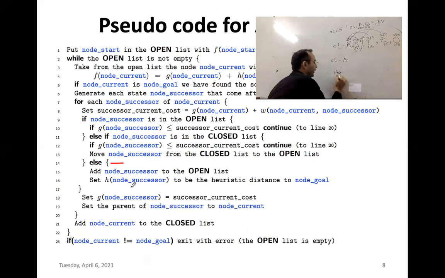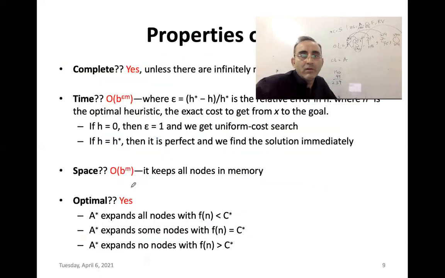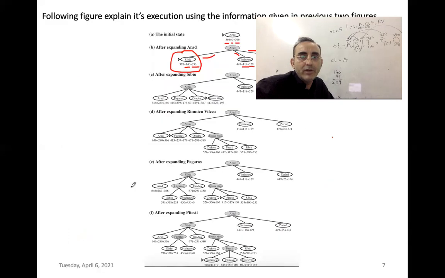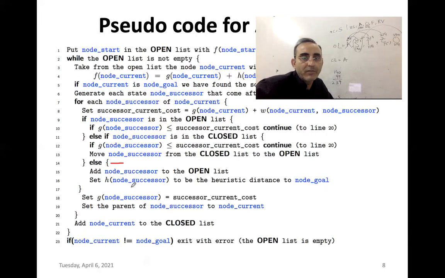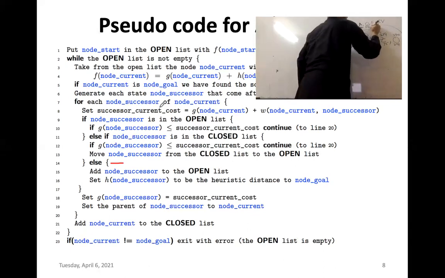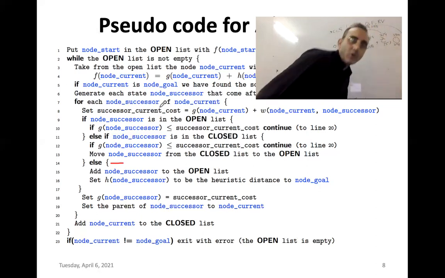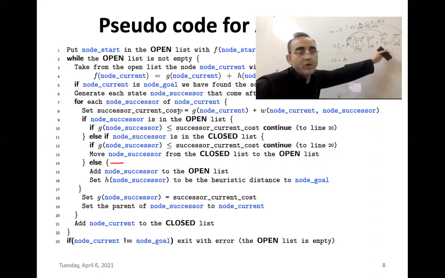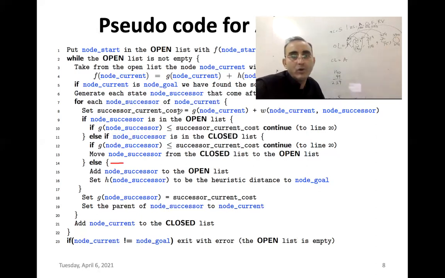So 140 plus 99 is 239. Then 239 is basically the actual cost you have set for Fagaras. After that you are checking: is Fagaras in the open list? No. In the closed list? No.